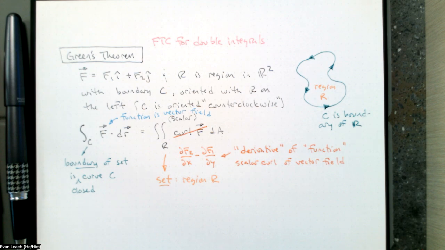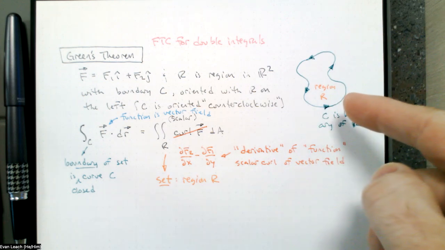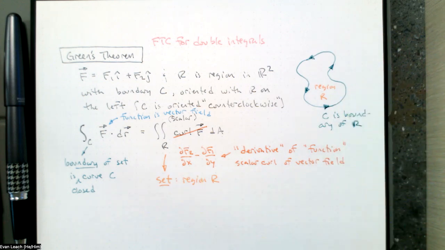The double integral over the region of the scalar curl of the vector field will be equal to the line integral of the vector field around the boundary of the region. So there is a line integral in here. Let's think about what happens if we have a gradient field, and then the fundamental theorem of calculus for line integrals applies.